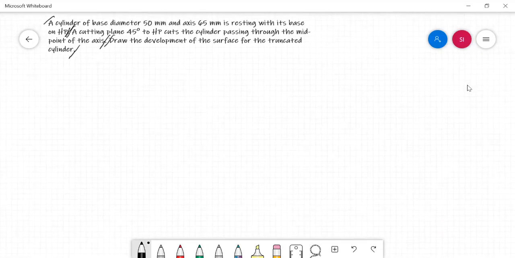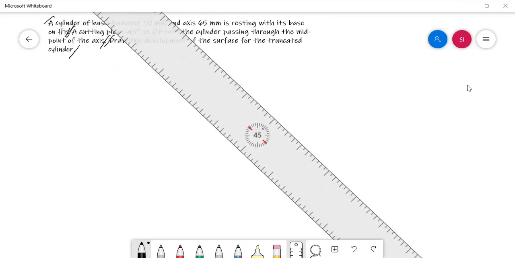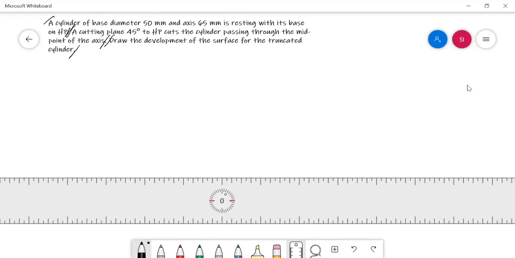We already have good practice on how to draw the cylinder when it is resting on the horizontal plane. The base view, a circle, will be viewed from the top view. Let me draw the base view starting from the XY line.